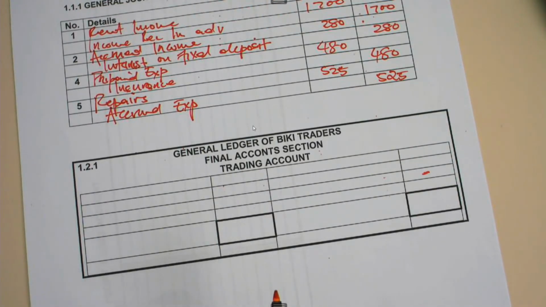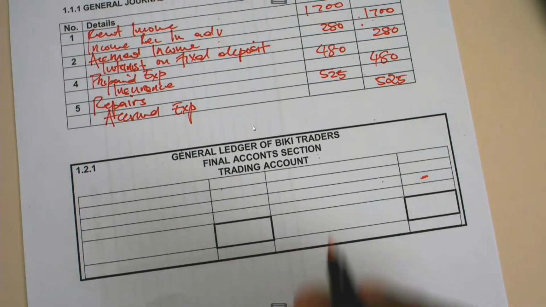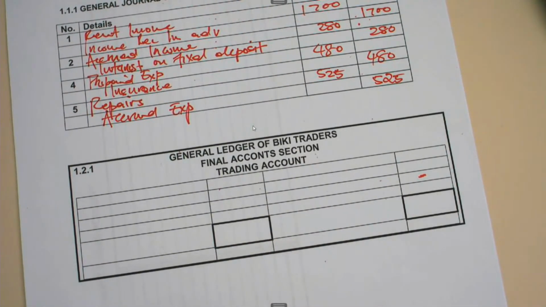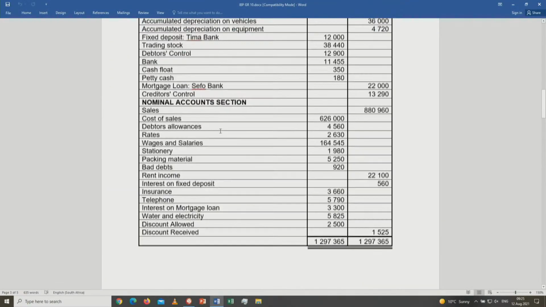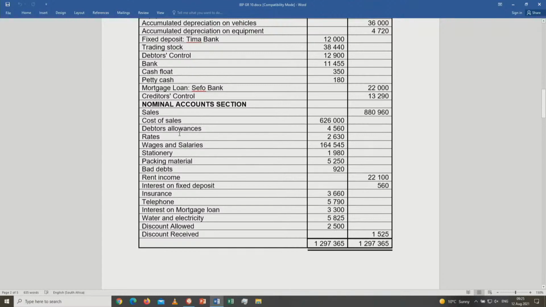Now let's look at the final account, which is the trading account. For these final accounts, the trading account and the profit and loss account, we make use of nominal section accounts.